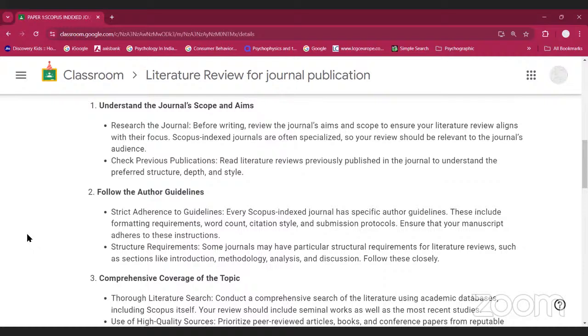That means when you want to publish any research paper in any journal, first you have to study who are the readers of that journal.